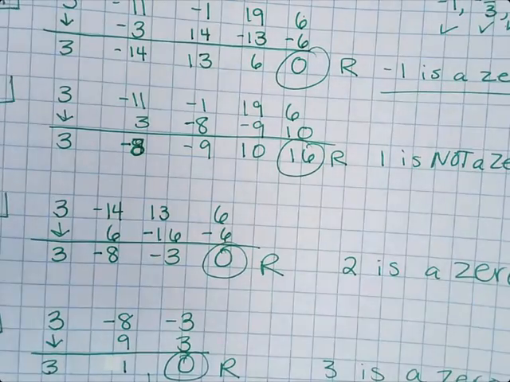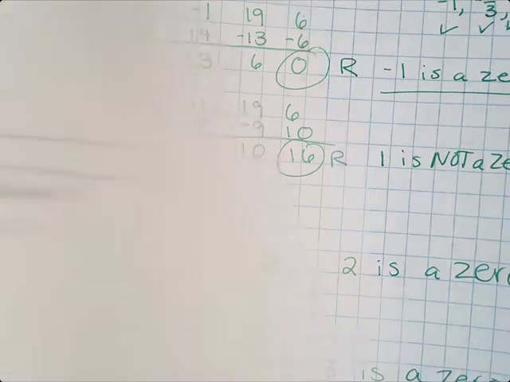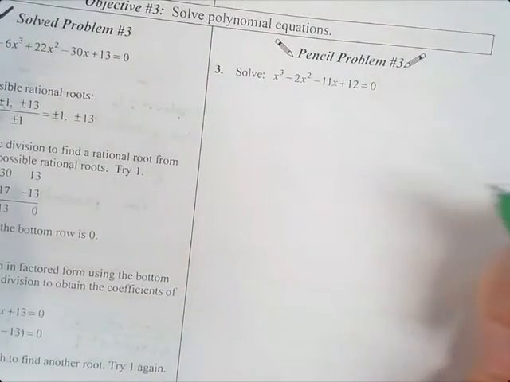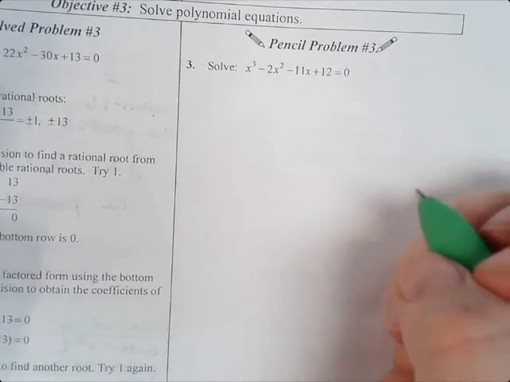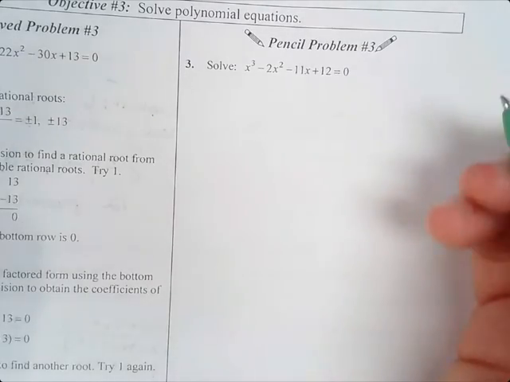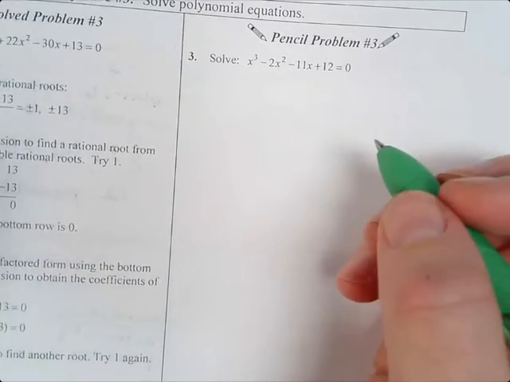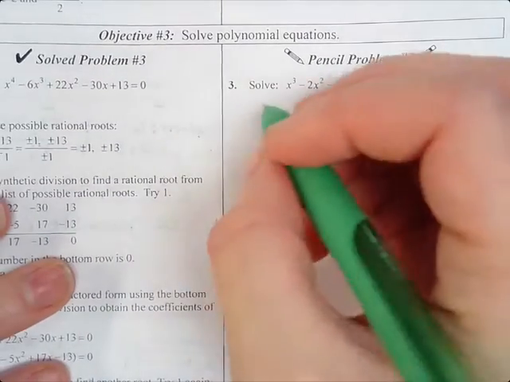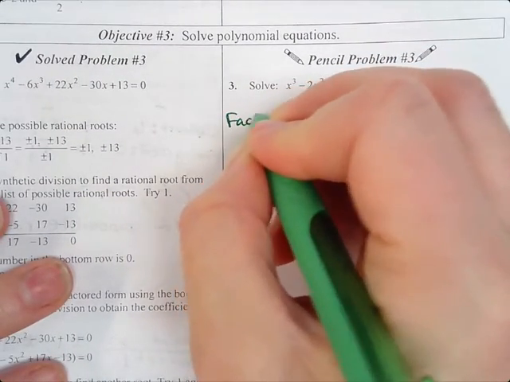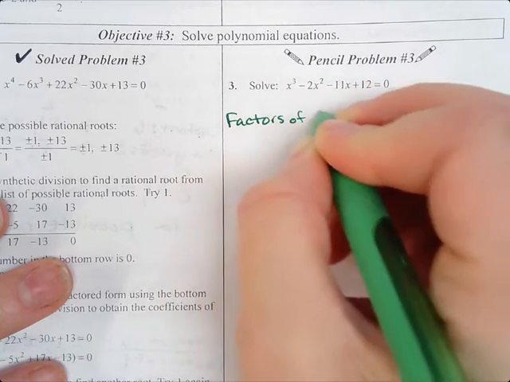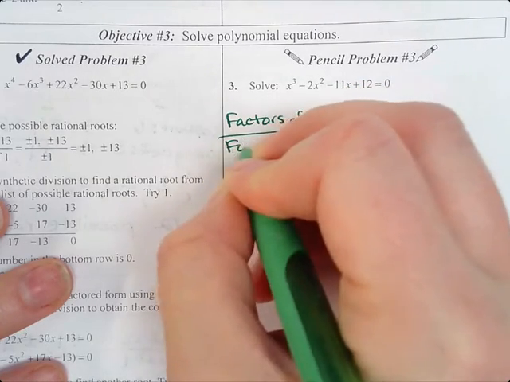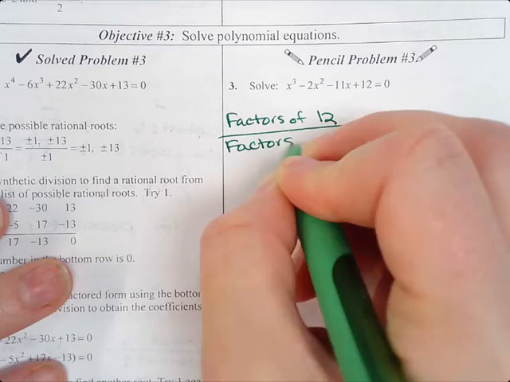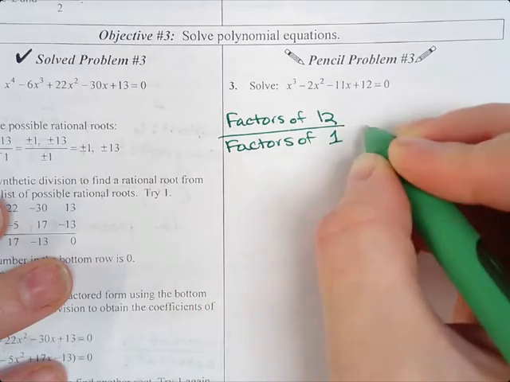Okay, let's do one more. We're not going to do number 5. We'll do, or 4. We're going to do 3. So x cubed minus 2x squared minus 11x plus 12. So we need to list out our possible rational roots. So we want the factors of our constant over factors of our coefficient, 1.